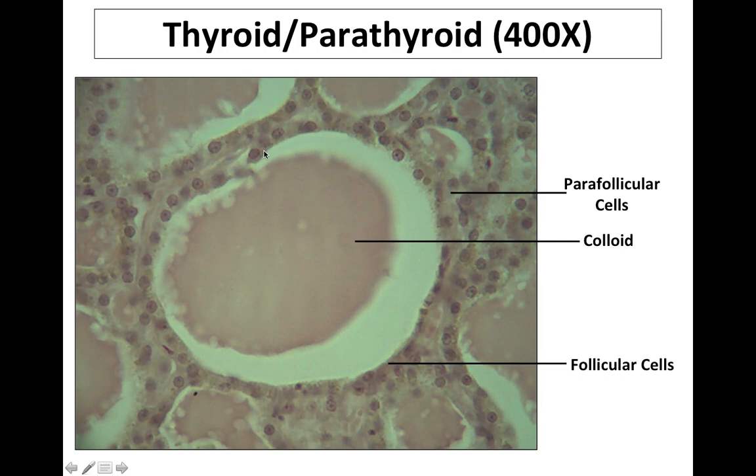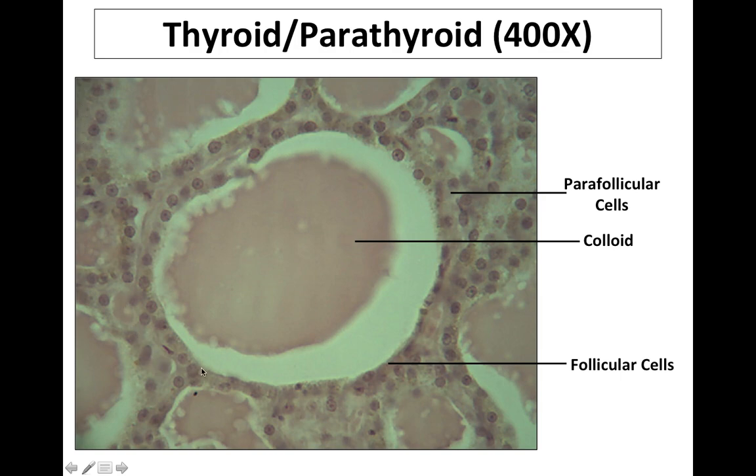These are the cells that are responsible for making thyroid hormone, T3 and T4. You'll also find cells that are outside of a follicle that don't make up the border of a follicle. These are called parafollicular cells. And so you find some here, all up here. Here's some more parafollicular cells down here.